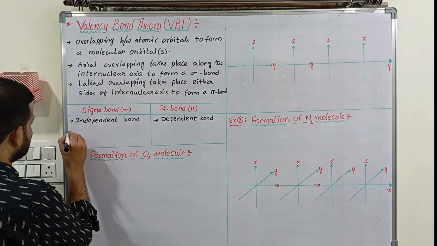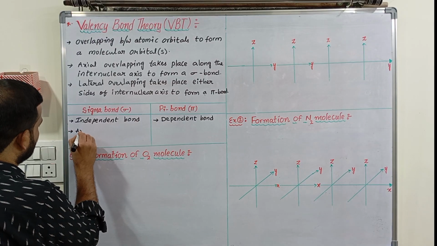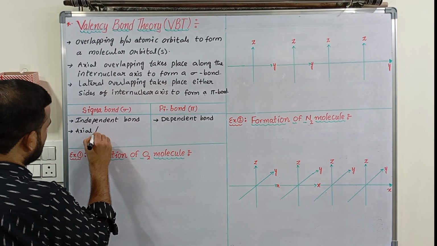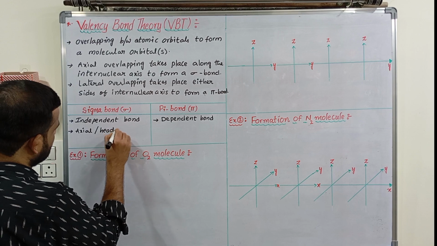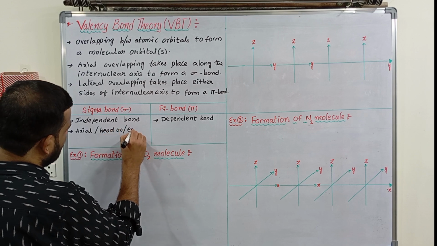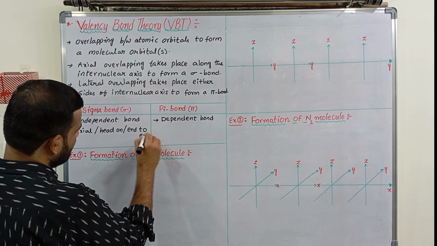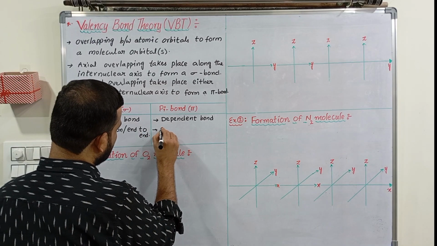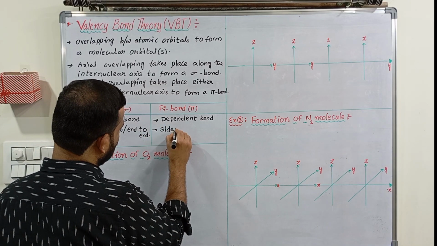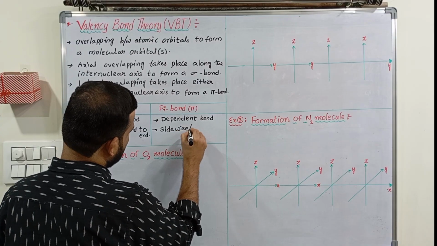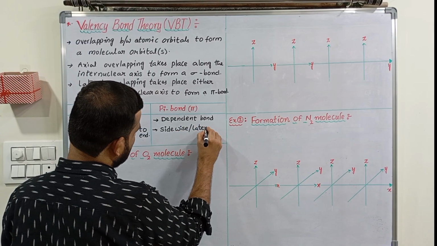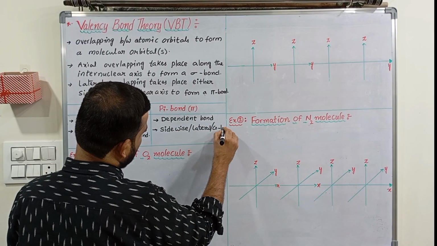Understand? Next, the sigma bond is formed by axial or head-on or end-to-end overlapping, but the pi bond is formed by sidewise or lateral or co-lateral overlapping.